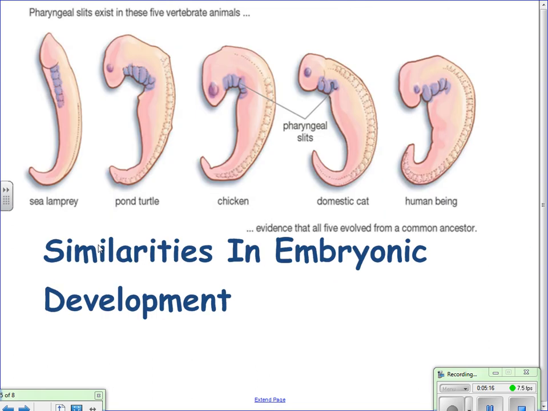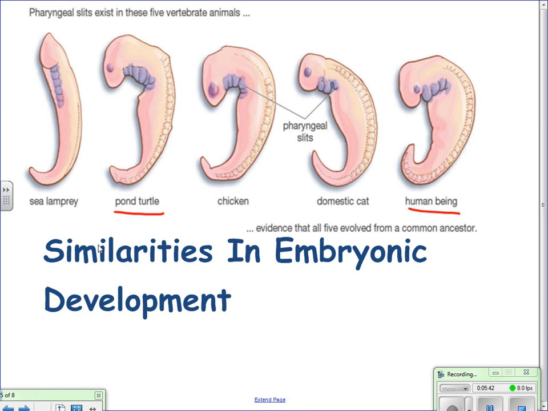Embryonic development is a very good example of common ancestry. So these are the embryos of different types of vertebrate animals. And we can see that at some point, and it's different for every organism what point this is, at some point in the development of an organism, they all look very similar. So here's the embryo of a pond turtle, and here's the embryo of a human being.